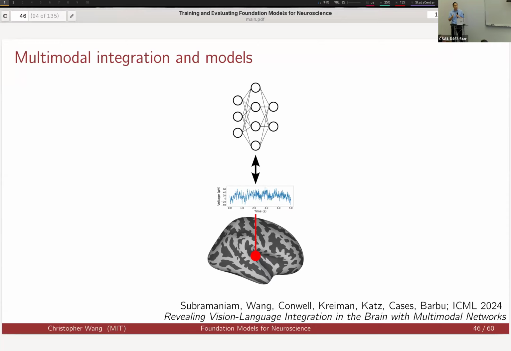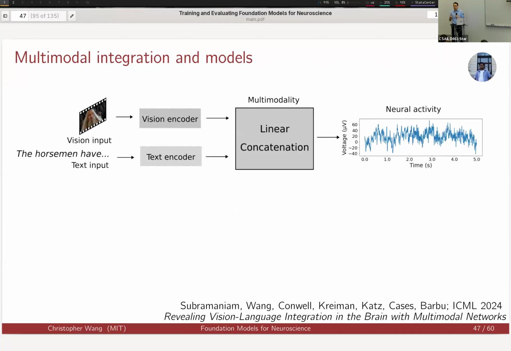This is a framework pioneered by Jim DiCarlo's group across the street and Martin Schrimpf. And they have done really cool work in identifying language processing and aspects of language processing in the brain using this framework. We use it to answer a different question. We use it to ask where in the brain is multimodal integration happening? By multimodal integration, I mean some synthesis of vision and language information.